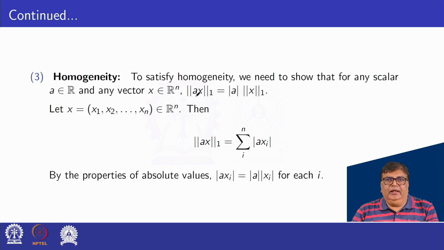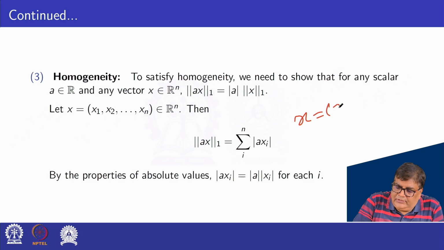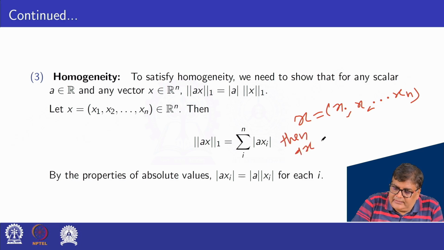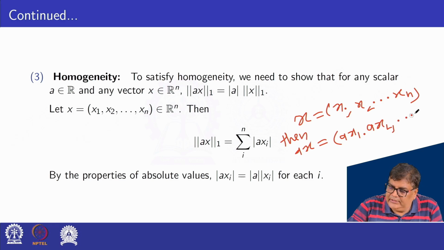Third property, norm ax, where a is a scalar belonging to R and x is a vector belonging to Rn. If x is equal to x1, x2 and so on xn, then ax is equal to a x1, a x2 and so on a xn.